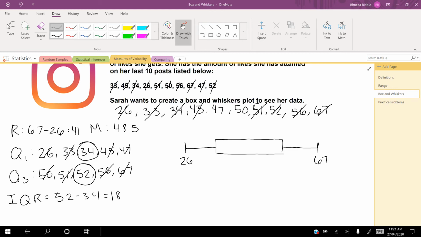We then start off with the first quartile, which is 34. And then our upper quartile, which is 52. And we look at our median and ask ourselves, is 48.5 closer to 34 or 52? We're going to say it's closer to 52.